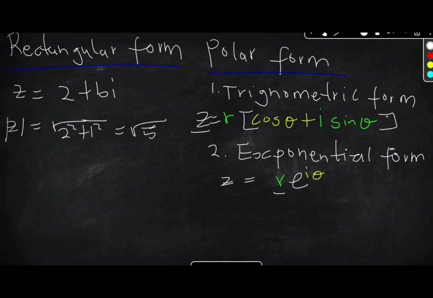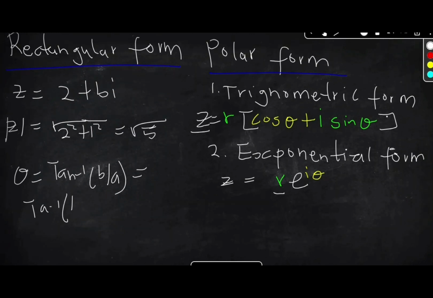Afterwards, we compute the angle. Our angle theta equals tan inverse of b over a, which is tan inverse of 1 over 2.